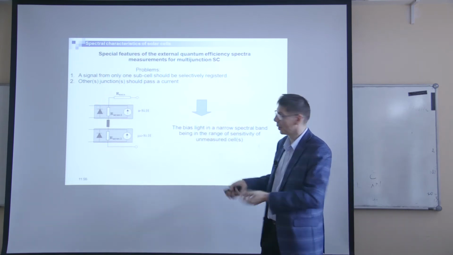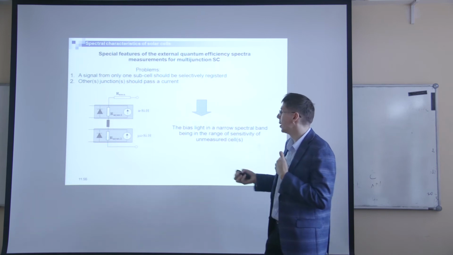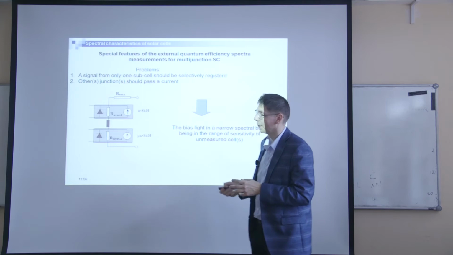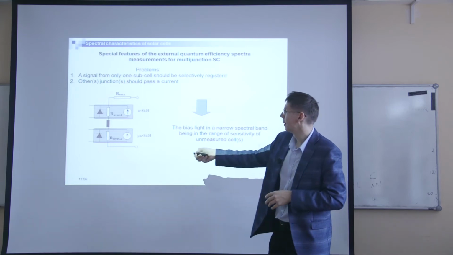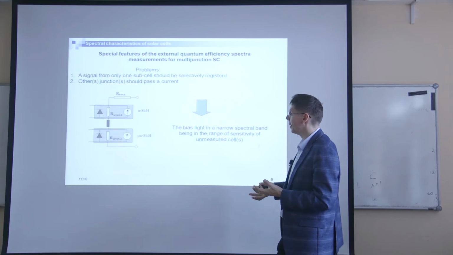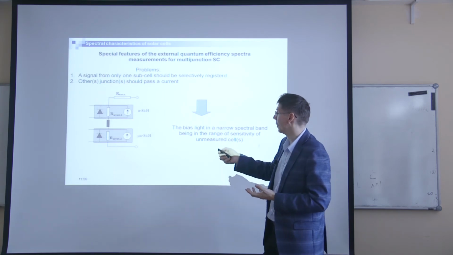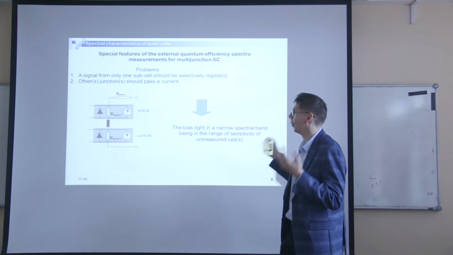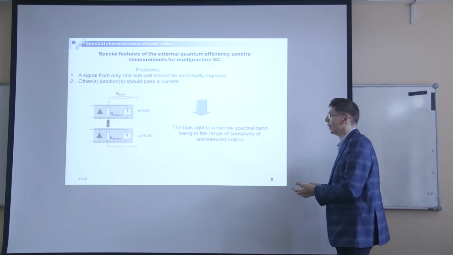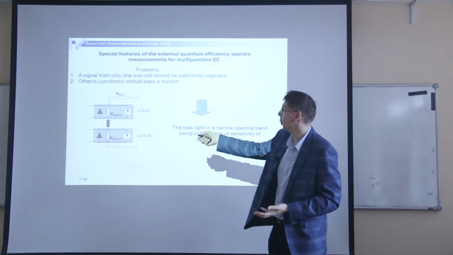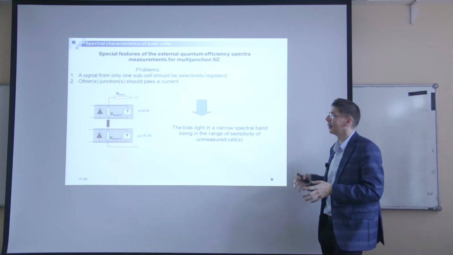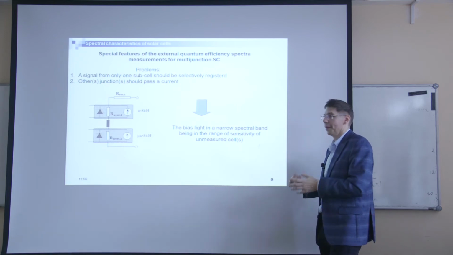There is some absorption and generation of the current, but for the bottom, the light is absorbed in the top junction, and there is no light in the bottom junction. So it means that the bottom junction generates zero current. We are in series, so we are limited by the lowest current, and it means that there is no current here. So in the ideal case, you would measure zero current.